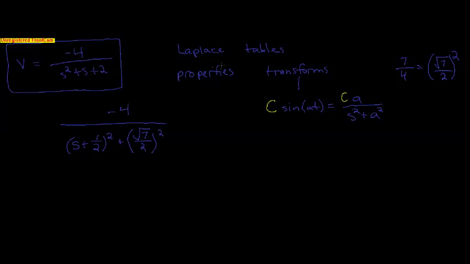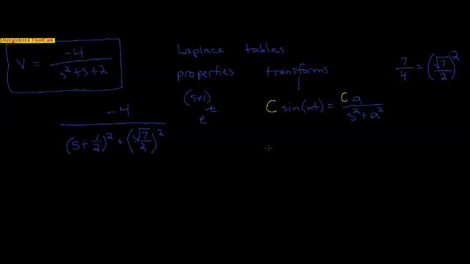From the properties, whenever you have this, it is called shifting in the s domain. When you have an s plus something in the parentheses, it correlates to e to the negative of that constant, in this case 1/2, times t.